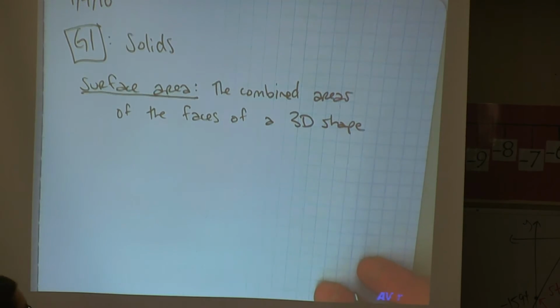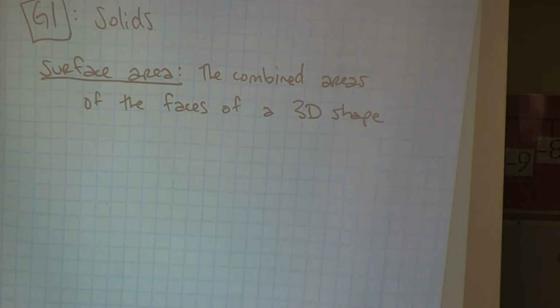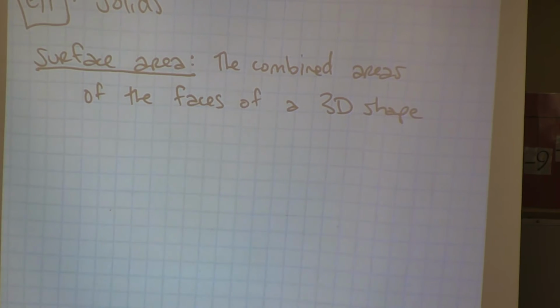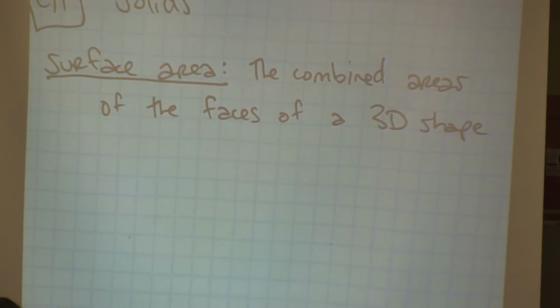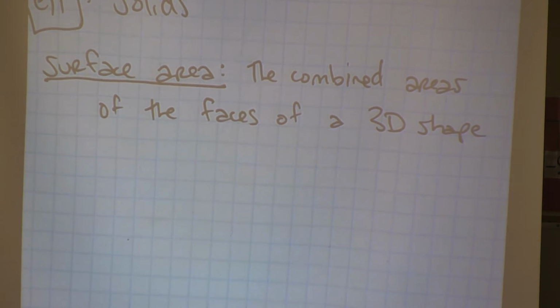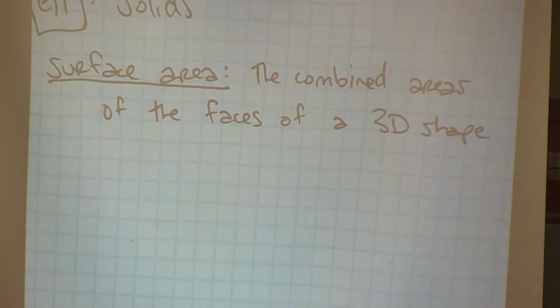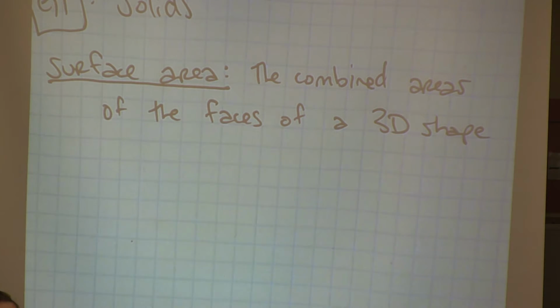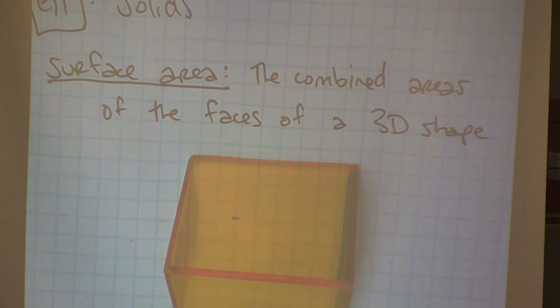A 3D shape. Okay? Essentially, you know about area and perimeter for 2D shapes? Surface area is kind of like perimeter's 3D cousin. So on these different prisms on your table, if I'm looking at this one here, the surface area of this is going to be the area of each of the faces.